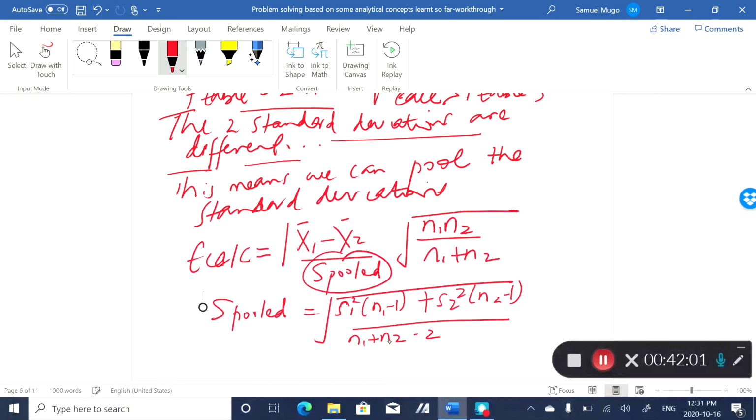So this is what you would have used if the standard deviations were not different, but right now they are different, so we cannot use those two methods.